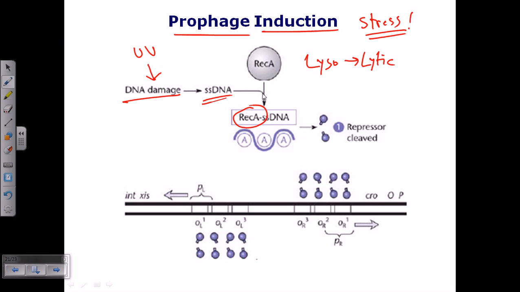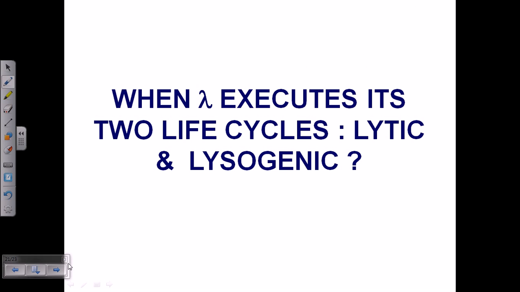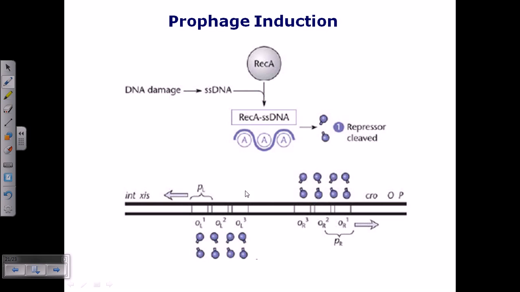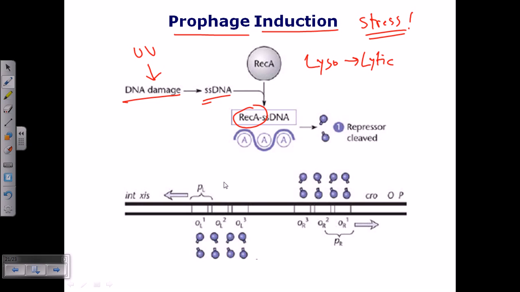So as the Rec proteins emerge, they degrade the repressors that are present there. They block or cleave all the Cro repressors that are bound to OR1, 2 and 3. As they cleave this repressor at these stages, they trigger the prophage to finally come out.